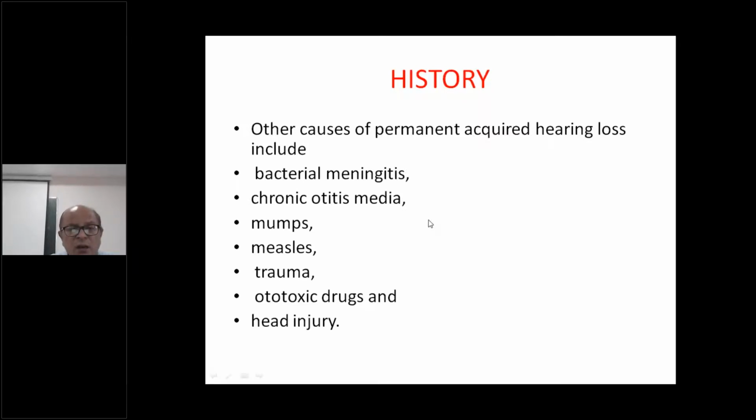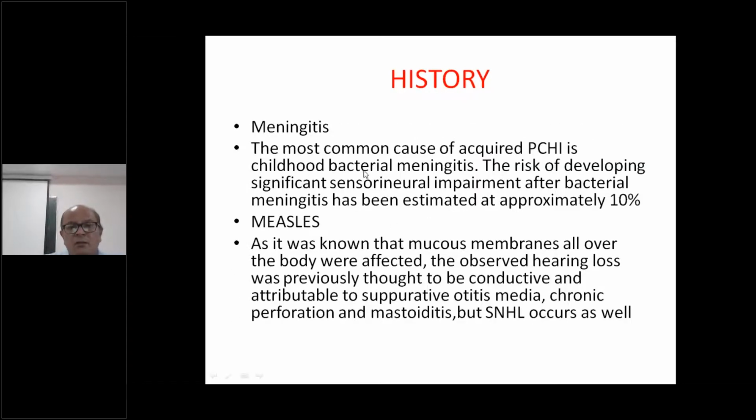Meningitis is still quite common. In fact, bacterial meningitis is the most common cause of acquired hearing loss in childhood. The risk of developing significant sensorineural impairment after bacterial meningitis has been estimated at approximately 10%.